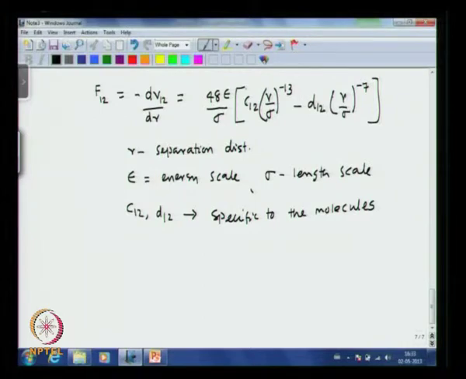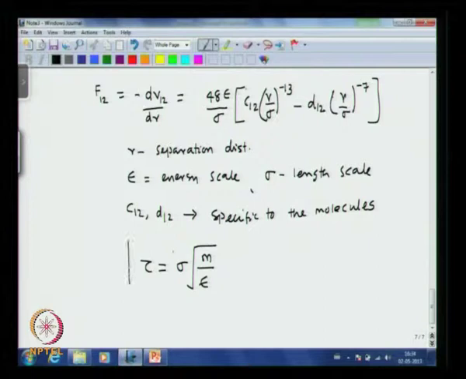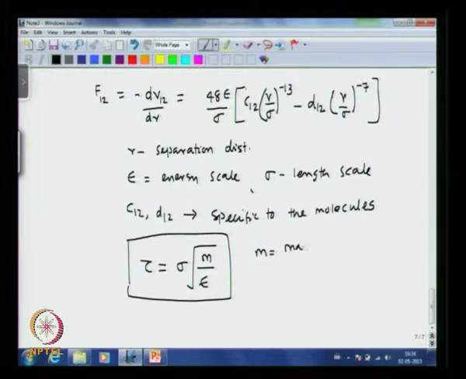And the characteristic time scale of interaction between the two molecules is given by tau, which is sigma into square root of m over epsilon, where m is the mass of the molecule.